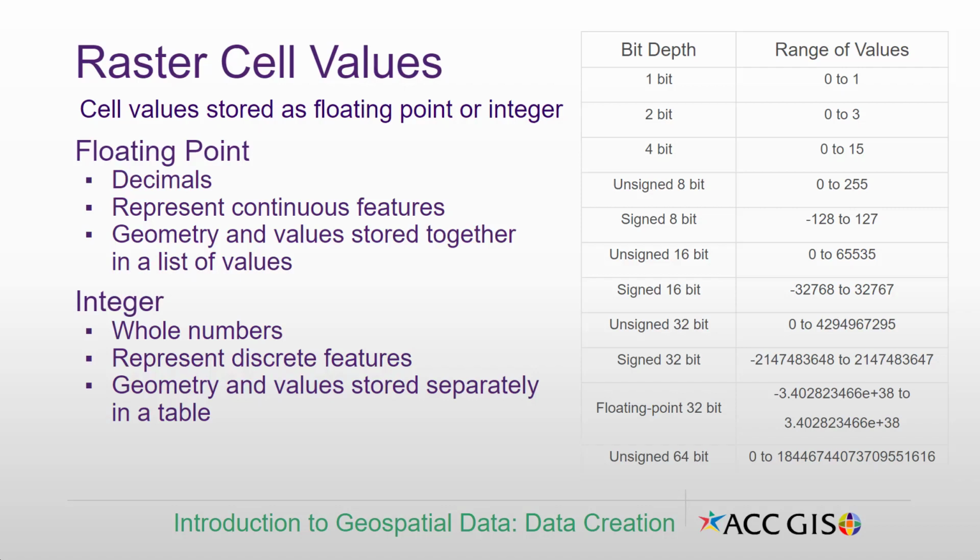And you wouldn't want to use, for example, unsigned 64-bit to store a binary data set because you'd have this unnecessarily huge data set that really slows down visualization and processing when you don't really need to store that big of numbers. So you have to be really thoughtful about ultimately the phenomena that you're modeling and the resolution that you need when you pick the size of your cells, but also the way you're going to store the values in your cells.